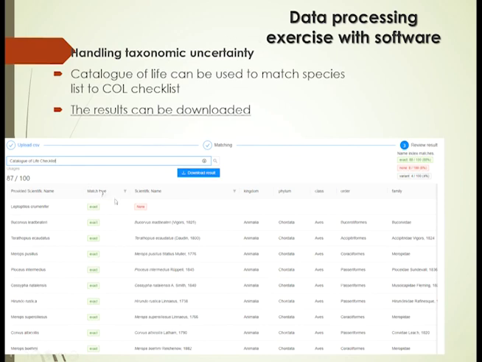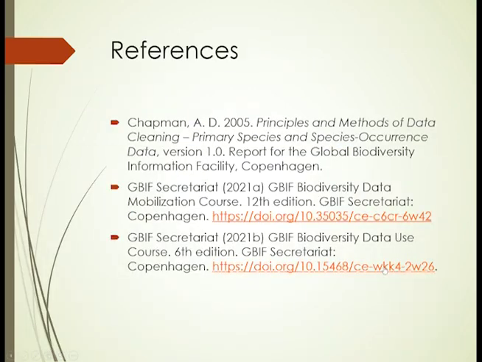You can have the match type, exact match, etc. The scientific name is returned with the authority name. Then the kingdom, the phylum, the class, the order, and family names are provided. So quite useful for you. I advise you to use that sheet.